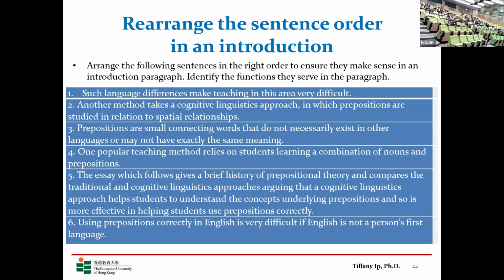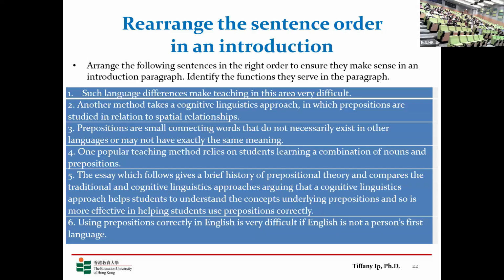A lot of you actually thought the first sentence starts with number 3, but it should start with number 6. Because it provides really important background, like when English is not the person's first language, how tricky prepositions can be. We don't just define prepositions.